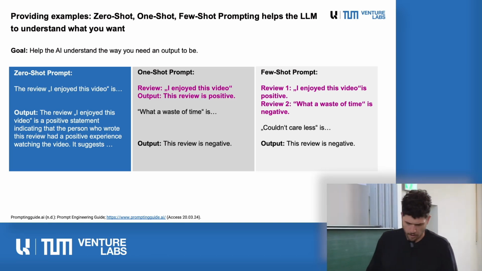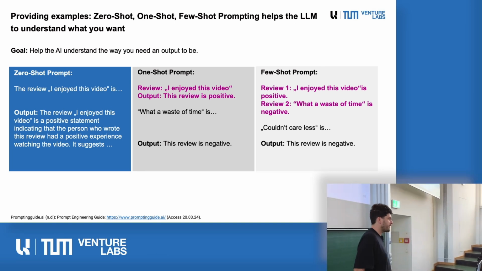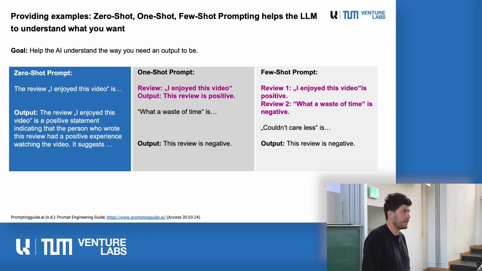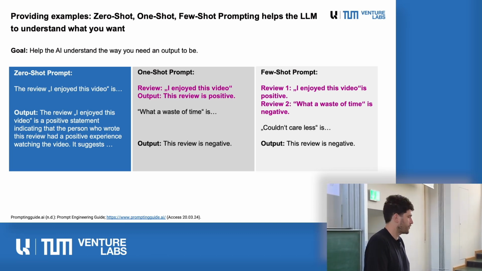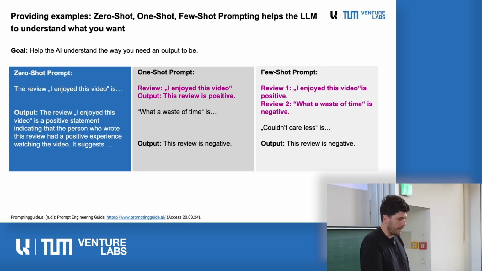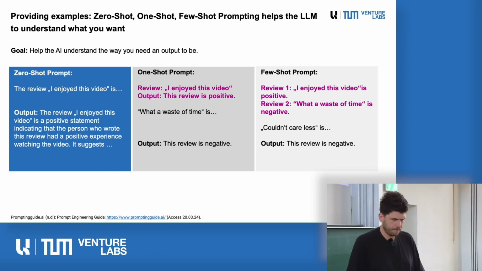Let's look at shot prompting. For a lot of the tasks we do zero-shot prompting and say, okay, just attribute the videos if you like it or not. This works for many things. However, it can also not work in the way we want it.